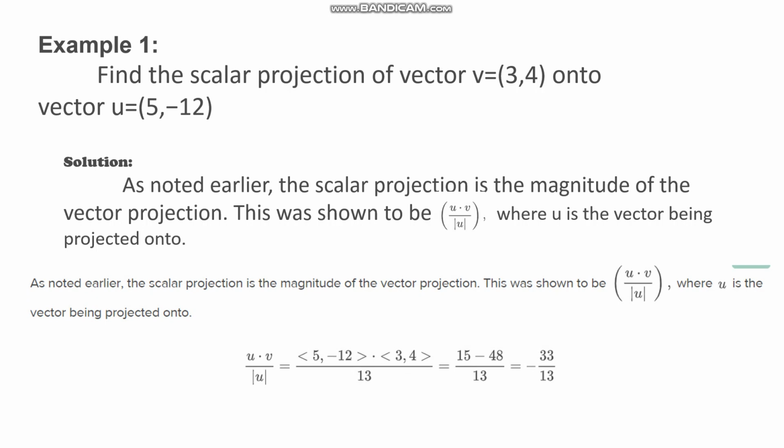Then next, we're just going to substitute the values. For U, we have 5 and negative 12, and for V, we have 3 and 4. So it would be 5 and negative 12 dot 3 and 4.